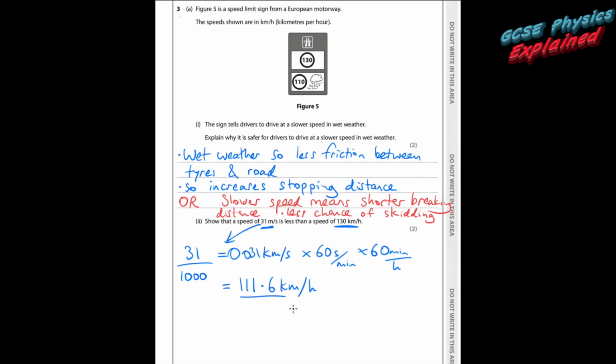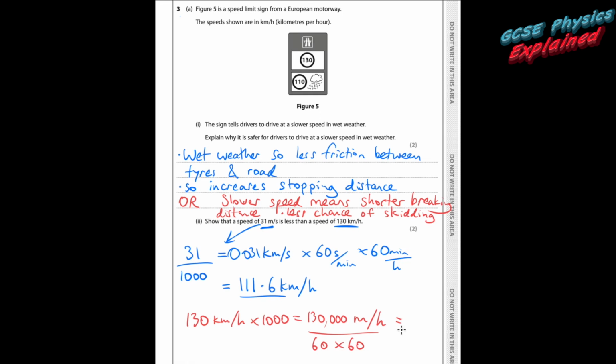The other way you could have done it is to convert from kilometers per hour into meters per second. The way you would do that is you'd take 130 kilometers per hour. Now if we multiplied that by 1,000, that'll tell us how many meters per hour. So that's 130,000 meters per hour. But we want meters per second. So we then have to divide that by 60 times by 60.